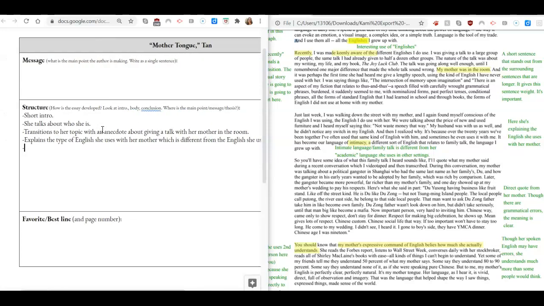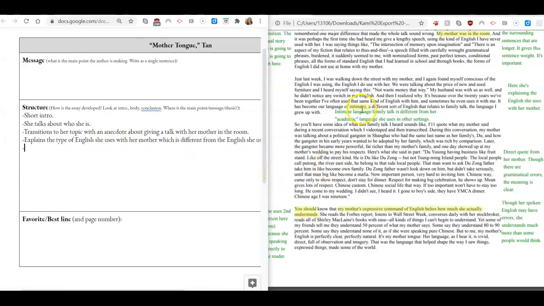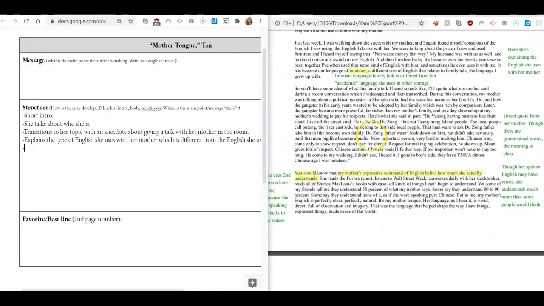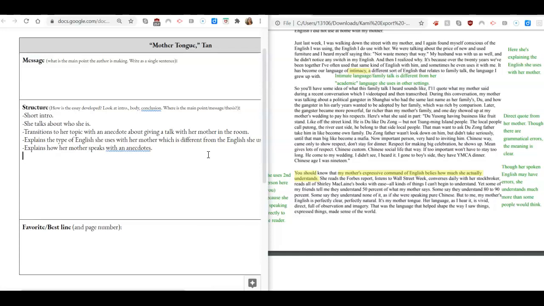Next, she explains in detail what her mother sounds like. So she explains how her mother speaks with an anecdote. She's telling a lot of stories here. This is this lengthy paragraph, and she's got this whole long quote about how her mother told this story.